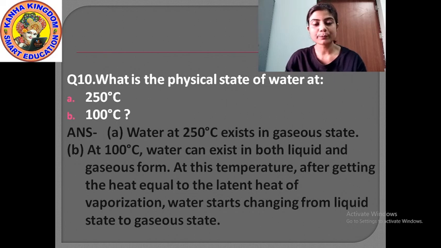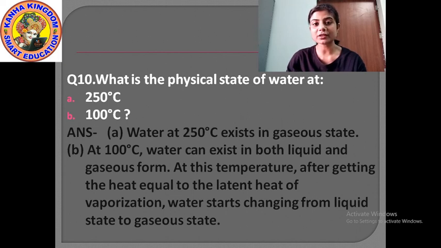As we all know, the normal temperature, that is room temperature, is 25 degrees Celsius. At 25 degrees Celsius it is water, liquid in nature. At 0 degrees, or below, it is in the ice state.